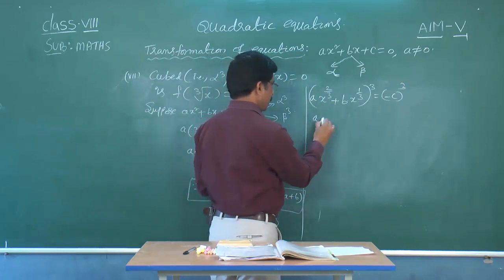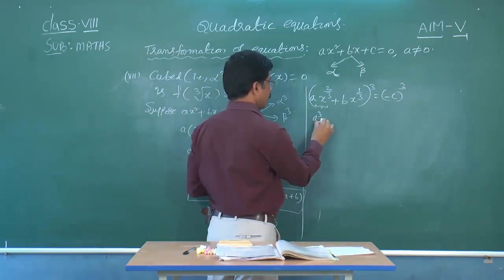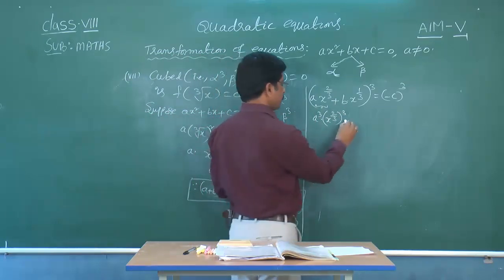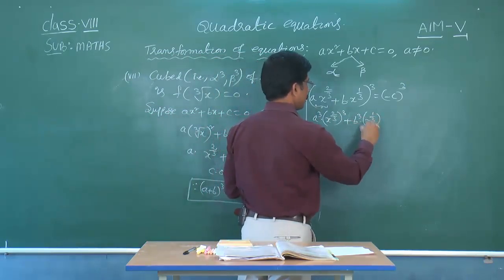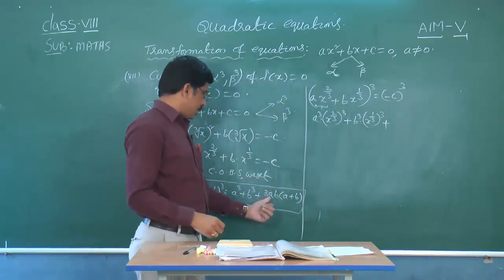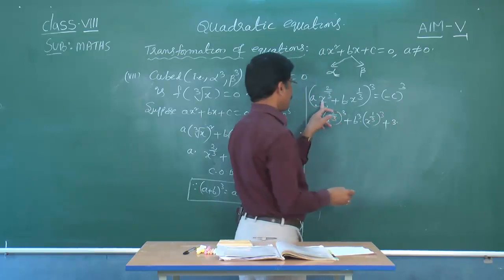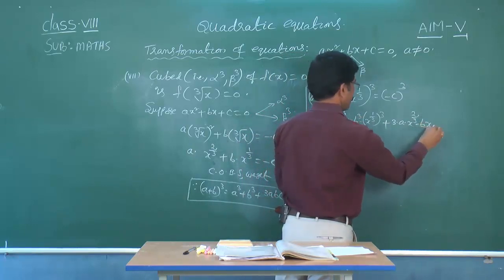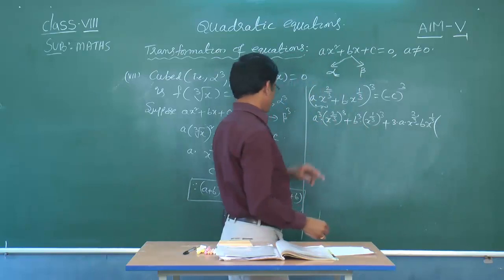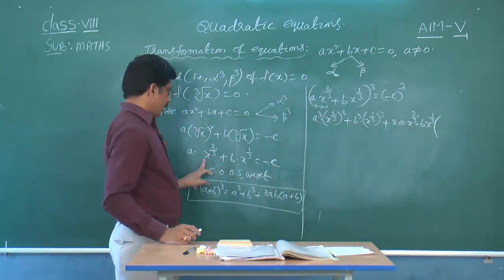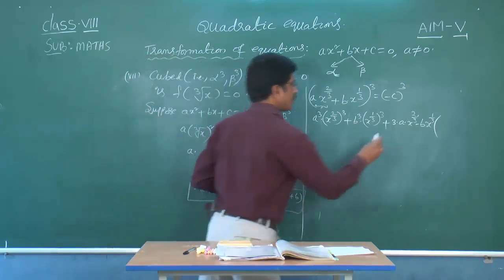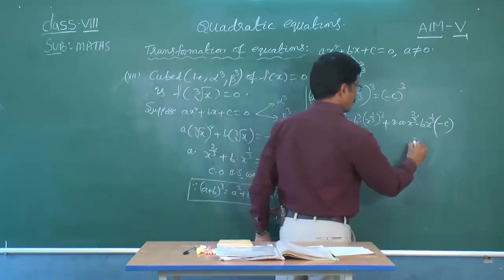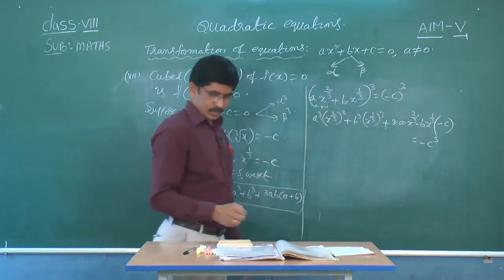We get a cube into x power 2 by 3 whole to the power of 3, then b cube into x power 1 by 3 whole cube, plus 3ab into a plus b, where a is x power 2 by 3 and b is x power 1 by 3, that is minus c, equal to minus c cube.